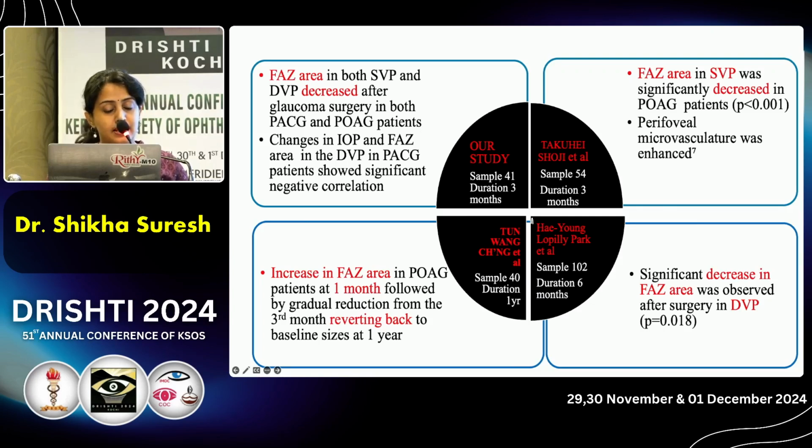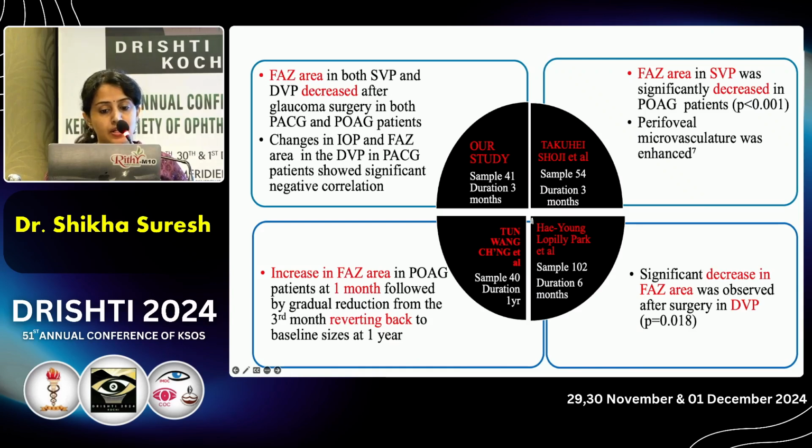This suggests that the deep vascular plexus is more sensitive to IOP-lowering procedures. Also, it highlights the potential of FAZ in the deep vascular plexus as a prognostic indicator of microvascular improvement after glaucoma surgery. Also, this underscores the importance of analyzing both the superficial as well as deep vascular plexus separately in future studies.